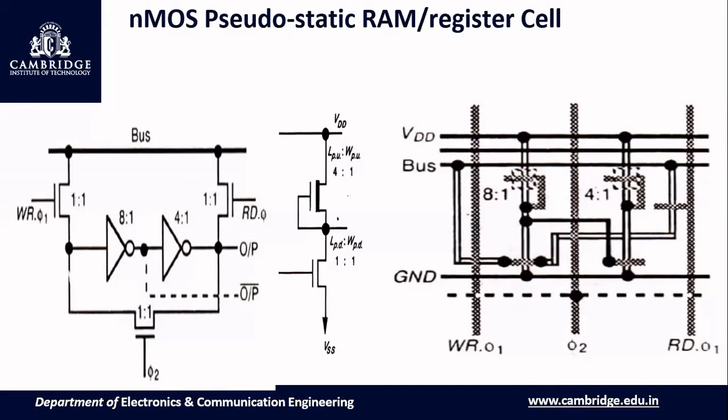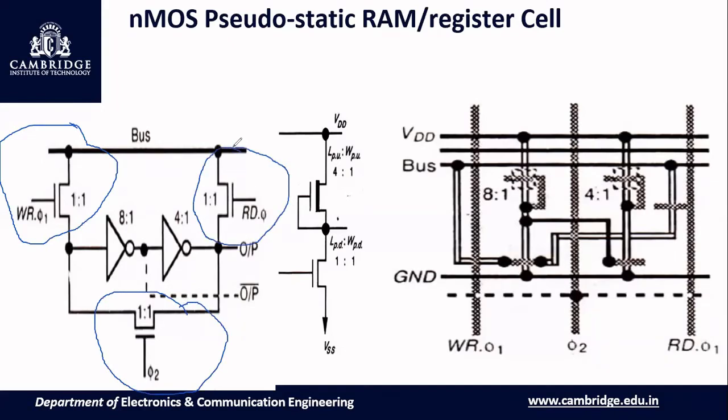That is drawn here. So here you can see there are 3 pass transistors. This is one pass transistor, this is another pass transistor, and this is another pass transistor.